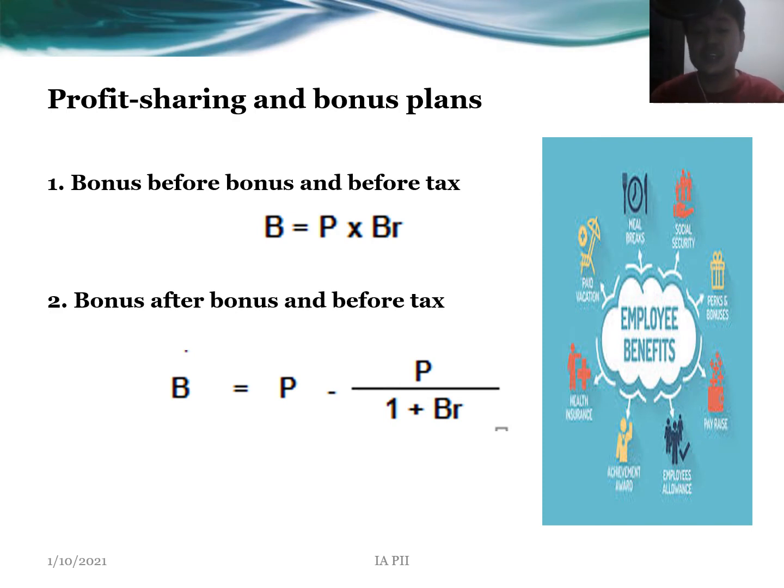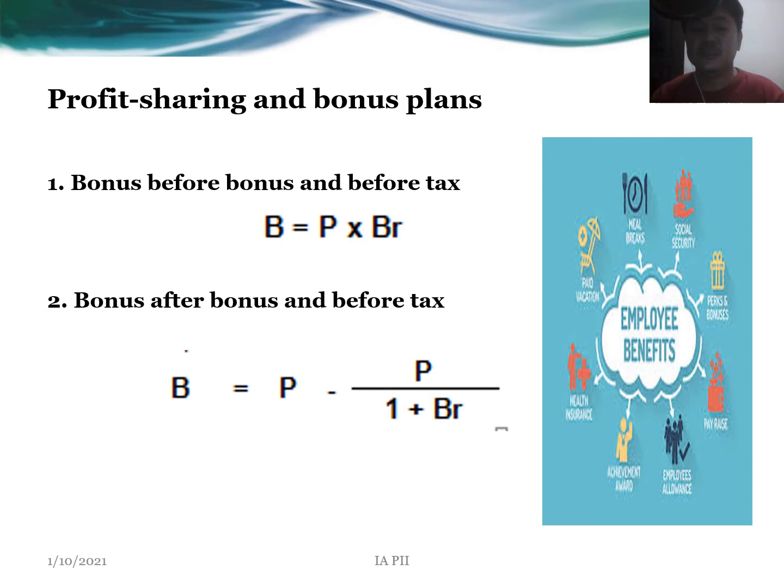You divide the profit by 1 plus the bonus rate. Let us repeat: divide the profit by 1 plus the bonus rate.